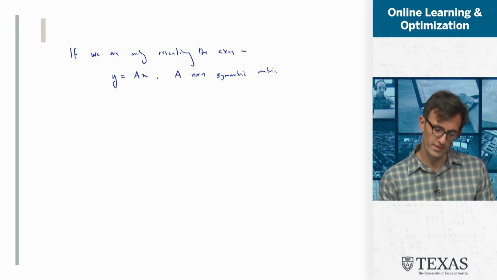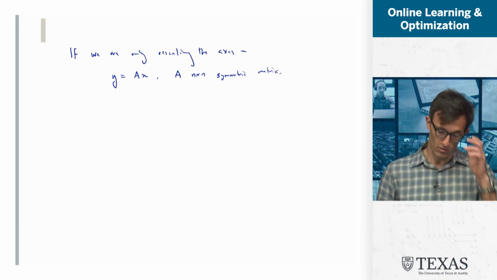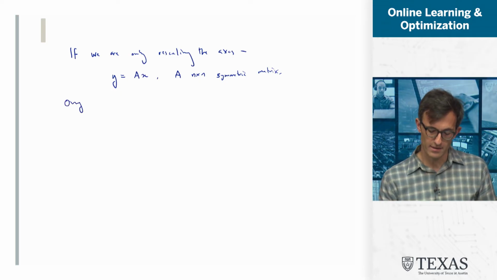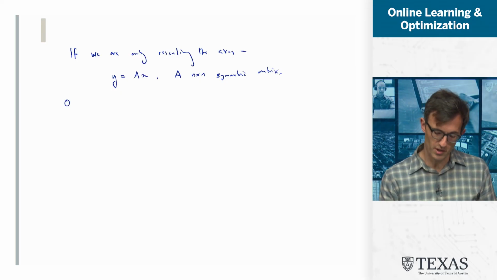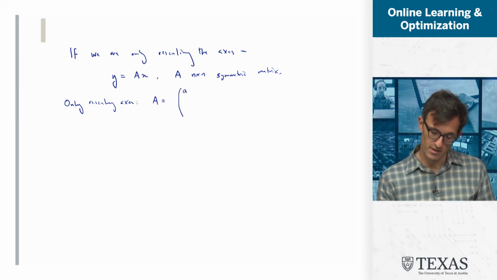This is a general rescaling, but if you're happy to just rescale by the coordinate axes, then A is much more restricted. Only rescaling axes means that we can take A to be a diagonal matrix, A11 all the way down to Ann, and zeros everywhere.